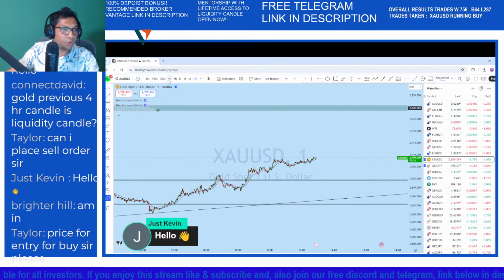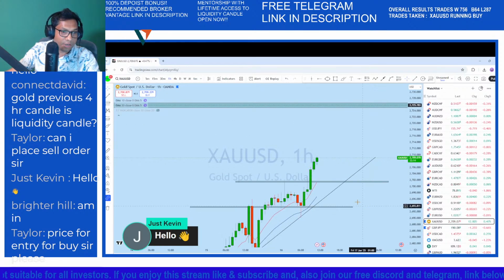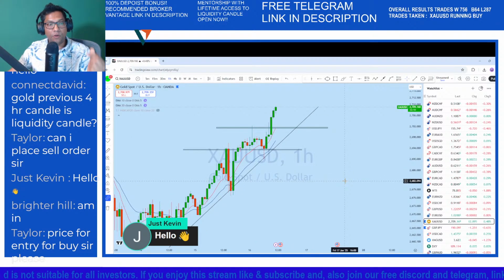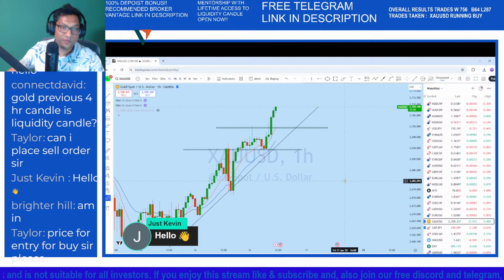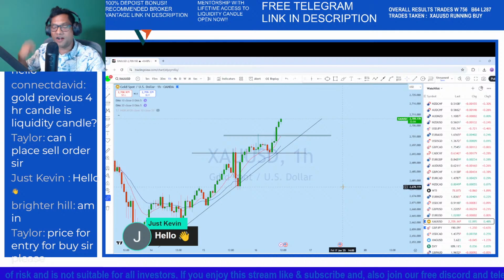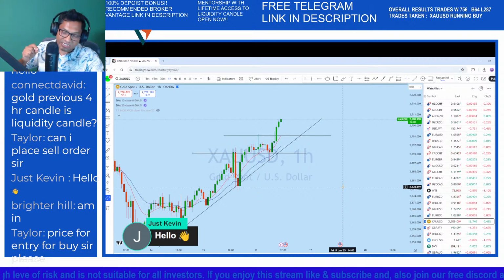The most important part in this trend is where the price grabs that liquidity. As I mentioned quite a few times, guys, when you are trading, the most important part is to look at the trend, then price action, and then the liquidity.